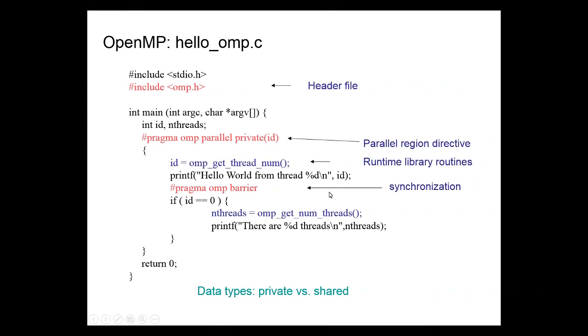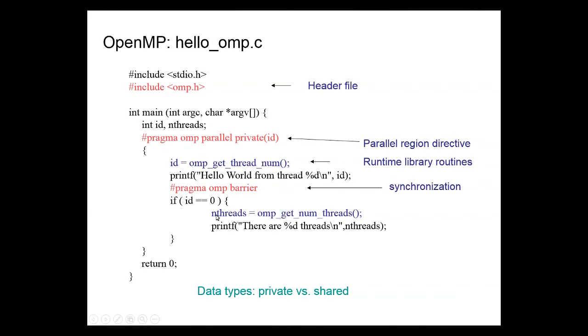And then it comes with library routines, like each thread needs to know its own ID. So in OpenMP, you call omp_get_thread_num, and then each thread does whatever it needs to do. And here is a synchronization construct, the barrier. So all threads will stop here.